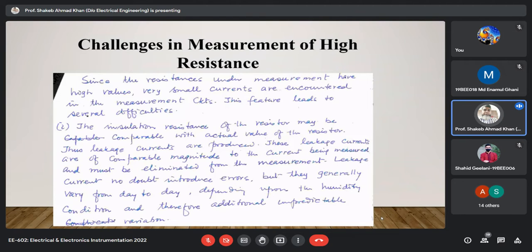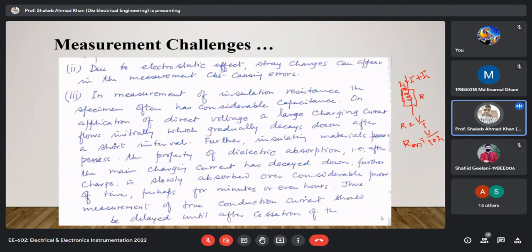So leakage current is one of the major issues that I had asked. Even if we are talking about the insulation resistance, we want the conduction current that is going through the body of the insulation. Whatever current is flowing through the surface of the insulation, we are not interested in, and that will lead to error.